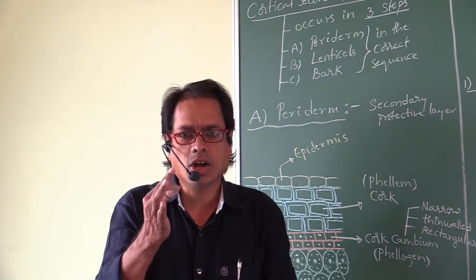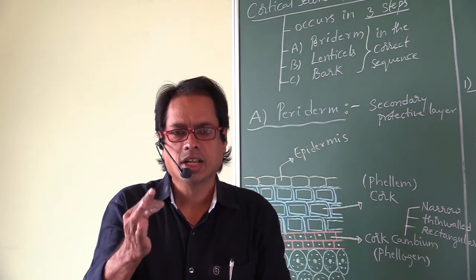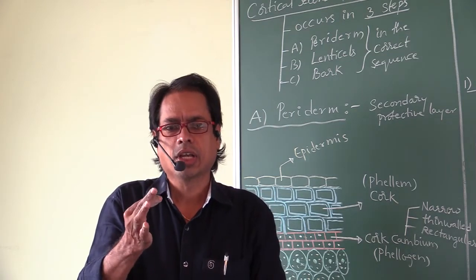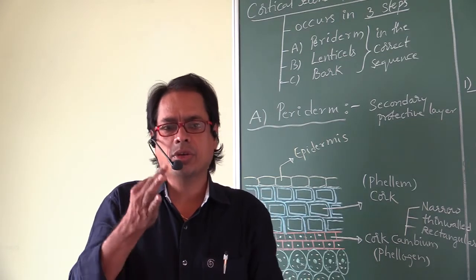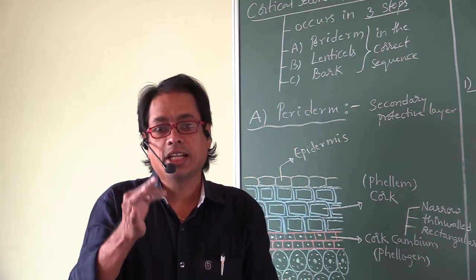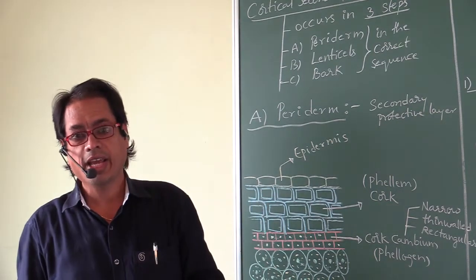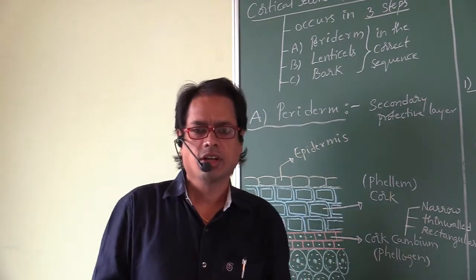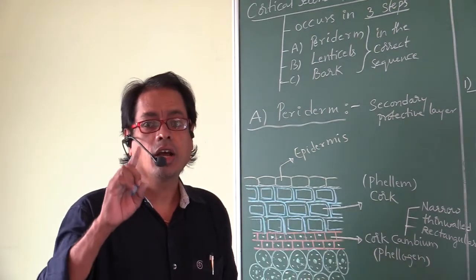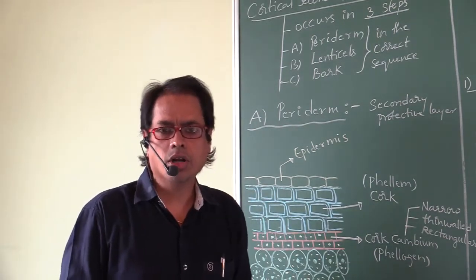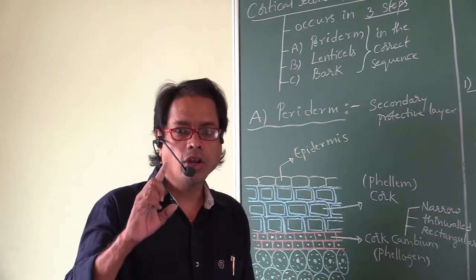That is, inner cortical parenchyma cells convert into a meristematic layer by dedifferentiation and form a meristematic layer called cork cambium. Cork cambium is also called phellogen.